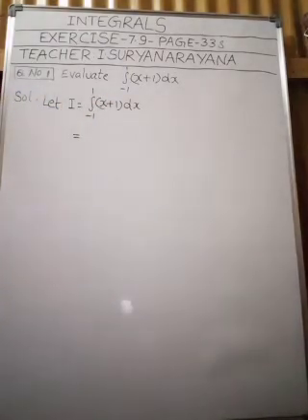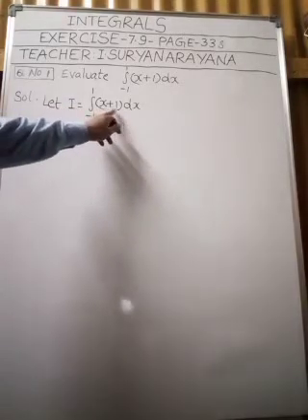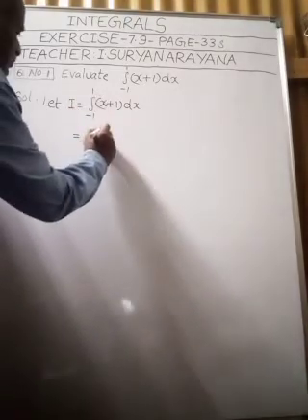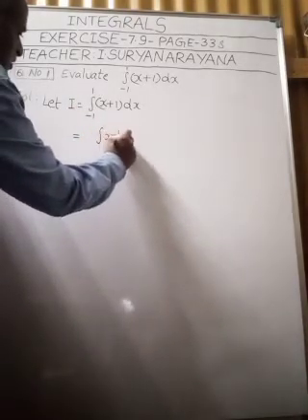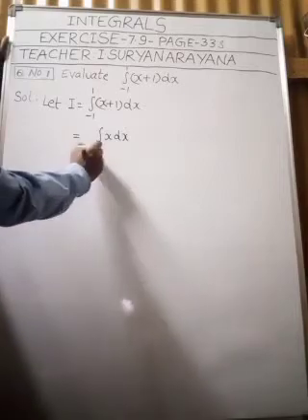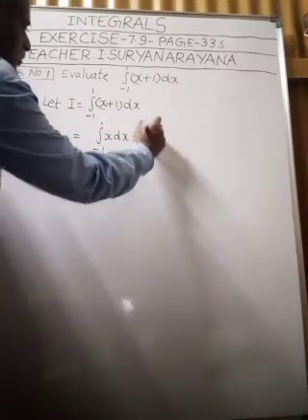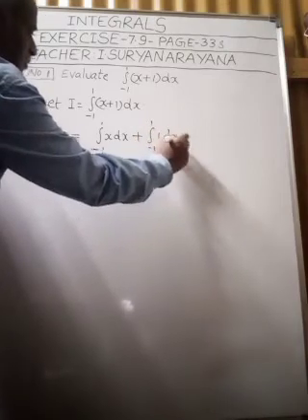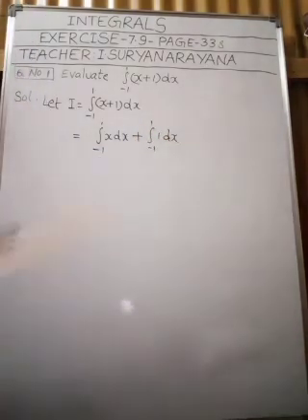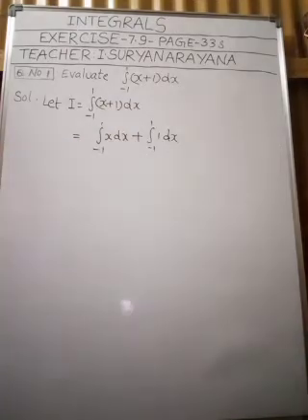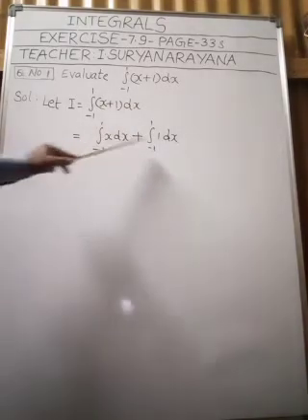To evaluate this, first of all we have to find the integral of this function. So the integral of x dx from minus 1 to 1, plus the integral from minus 1 to 1 of dx. Here two terms are there. For each term, we find the integrals separately. You know this property.